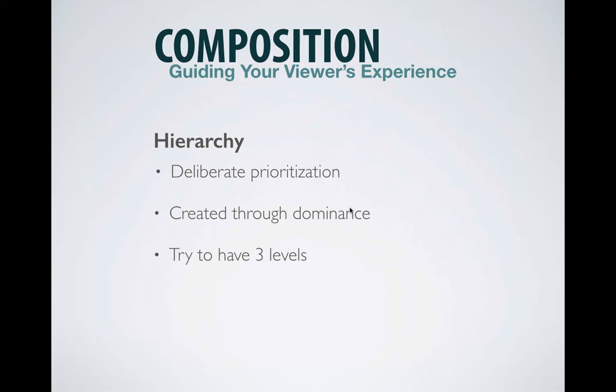So it goes from that first item to the next item. The reading suggests at least 3 levels. It doesn't say you're limited to 3 levels, so you could have multiple subdominant elements that go in an order of priority. The term subordinate just really means everything else.